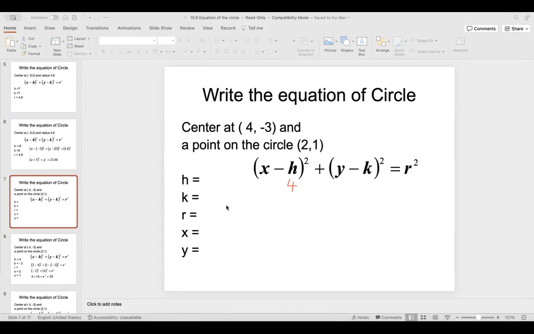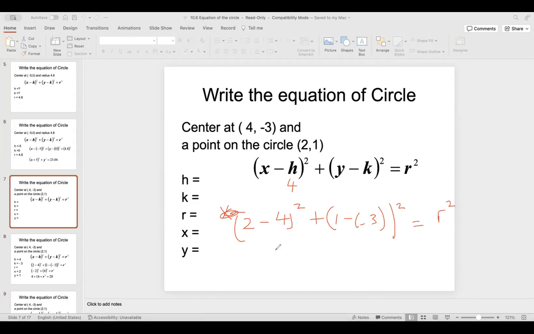So that gives you x. Sorry, x is 2, because the point is 2 minus -4, all squared, plus 1 minus 3 squared equals r squared.